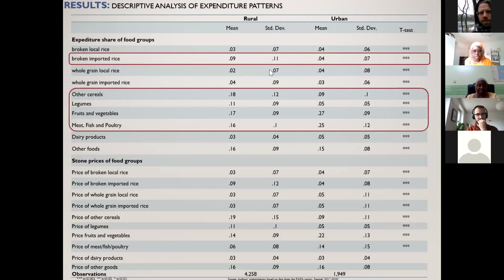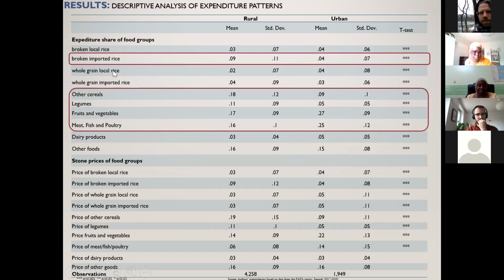So here also there are other descriptive statistics related to the expenditure shares of the different food groups. As I said, we divided the food items in our data set into groups. For rice, for instance, we considered each category of rice as a group itself, a group with just one element inside. So we have broken local rice, imported rice, broken imported, whole grain local, whole grain imported, and also other cereals, legumes, fruits and vegetables, meat, fish, and poultry, dairy products, and other food items that are not included in the pre-cited food groups.